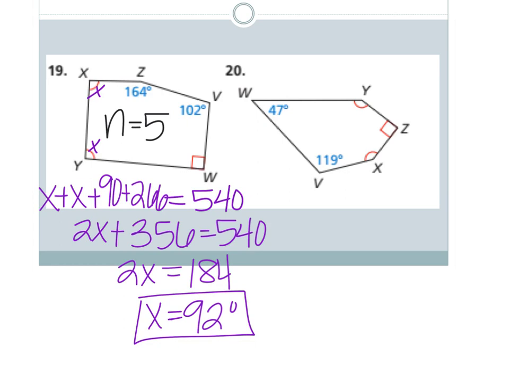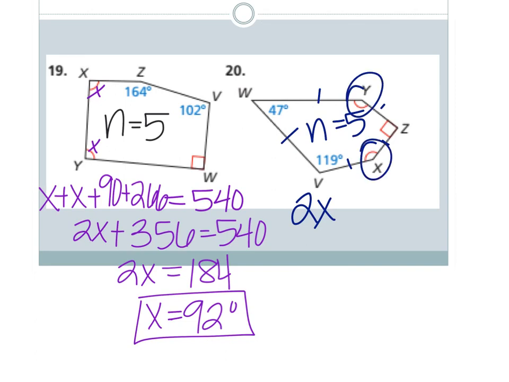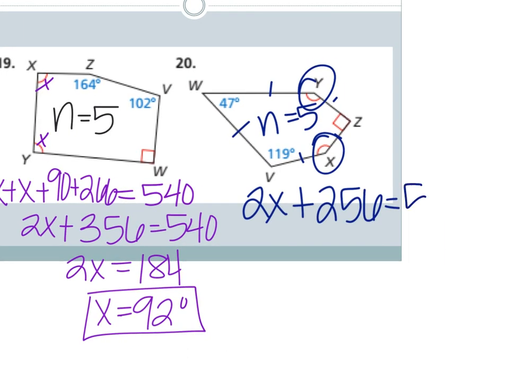Looking at number 20. It looks like 1, 2, 3, 4, 5. There are still 5 sides, n equals 5. So again I know that all of these angles, when I add them together, are going to equal 540. So we have 2x, because I don't know angle y or angle x, 2x plus 47 plus 119 plus 90, where 47 plus 119 plus 90 equals 256. So 2x plus 256 equals 540.